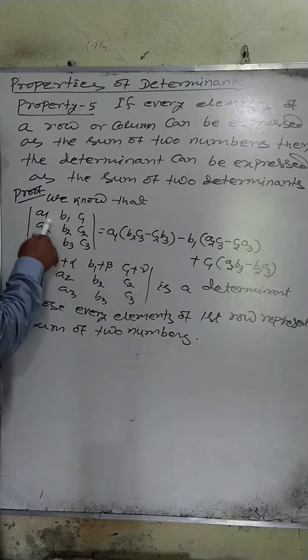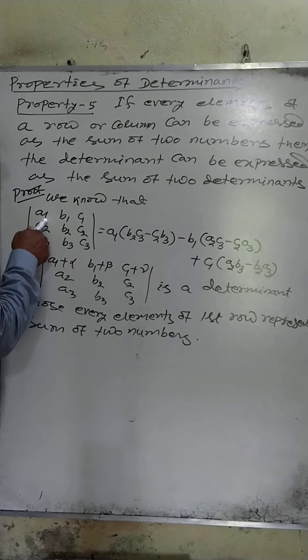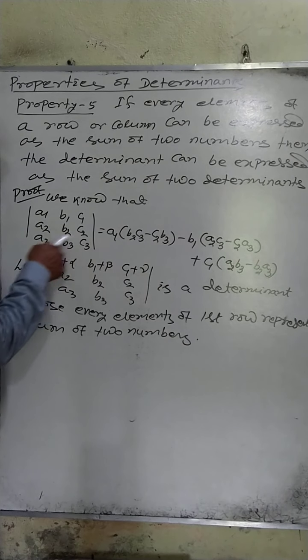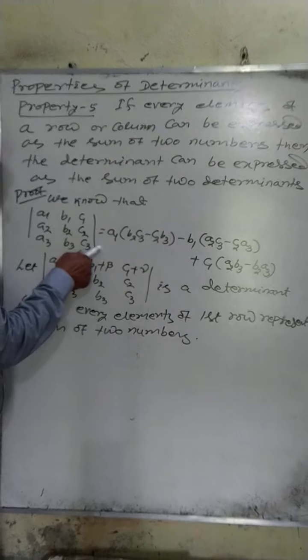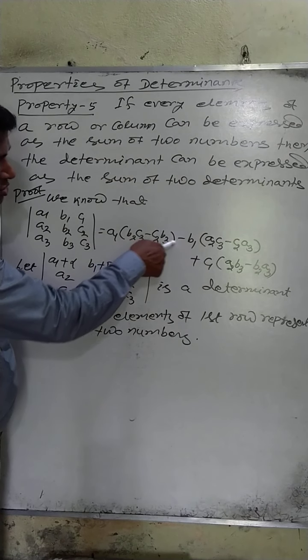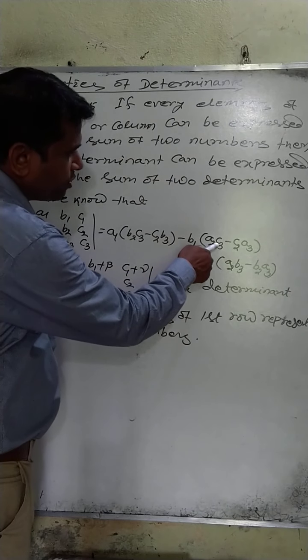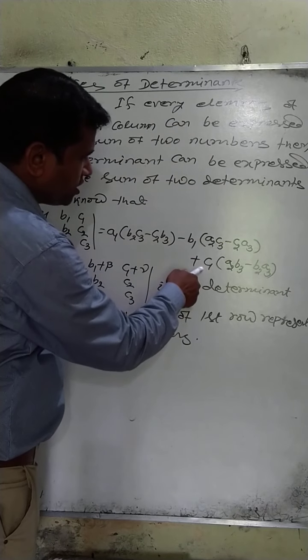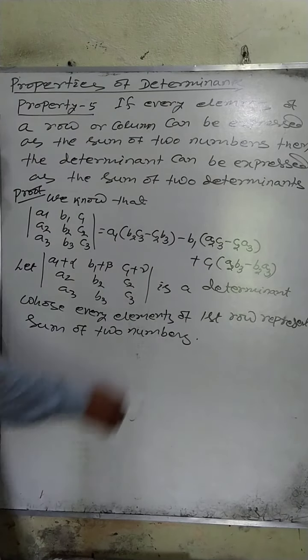Now we prove it. We know that the determinant with rows A1, B1, C1, A2, B2, C2, A3, B3, C3 equals A1 whole into B2, C3 minus C2, B3, minus B1 whole into A2, C3 minus C2, A3, plus C1 whole into A2, B3 minus B2, A3.